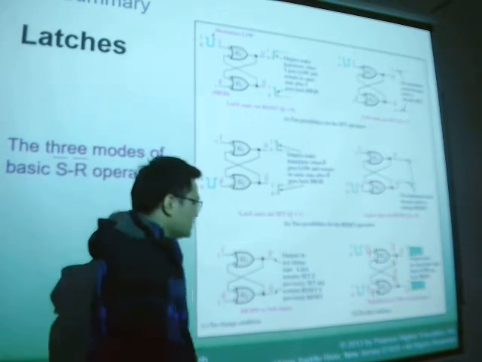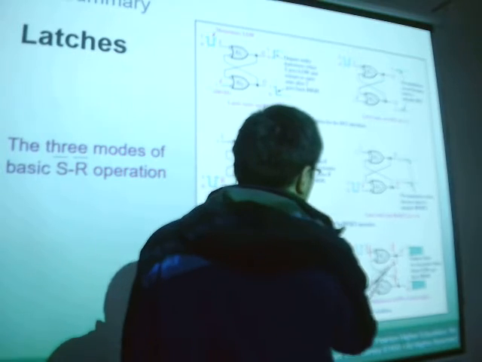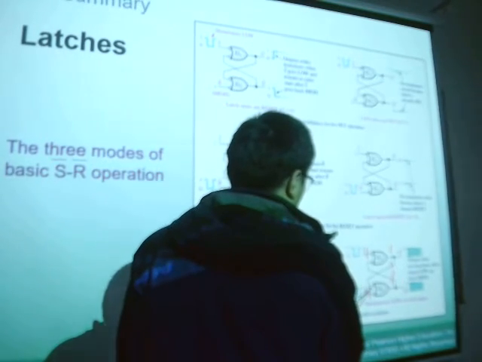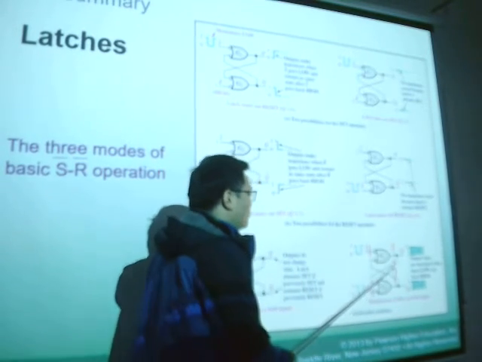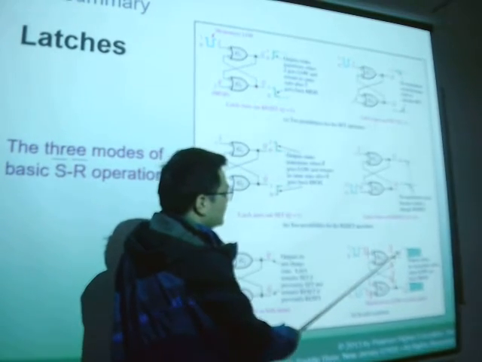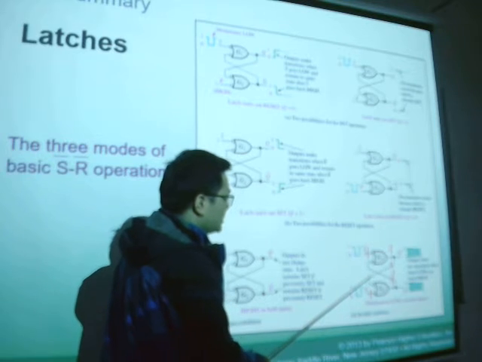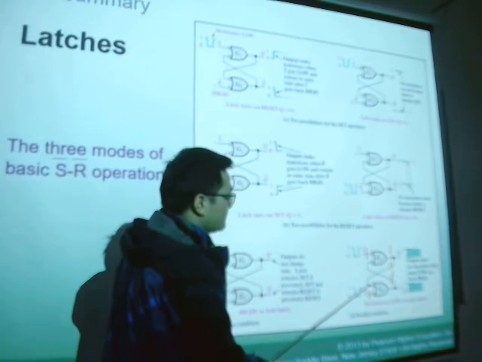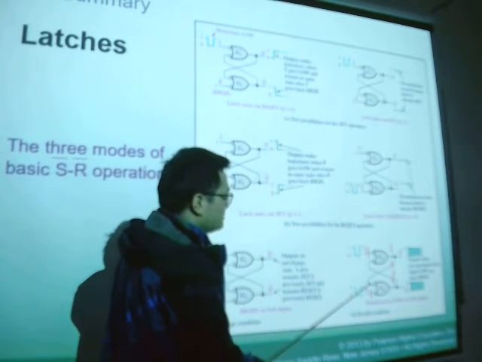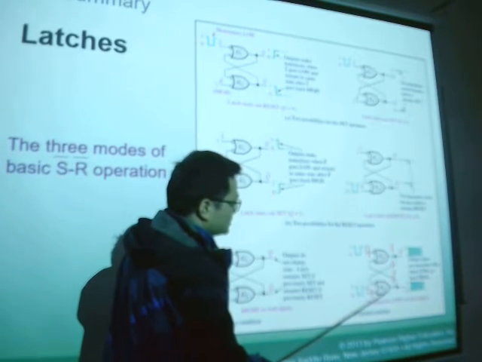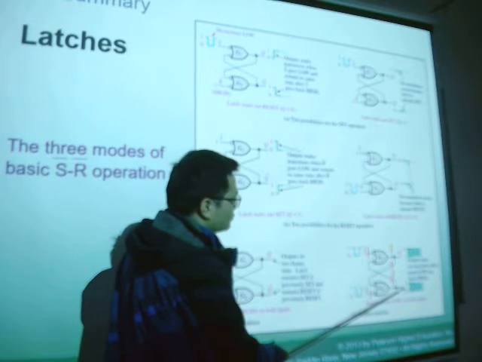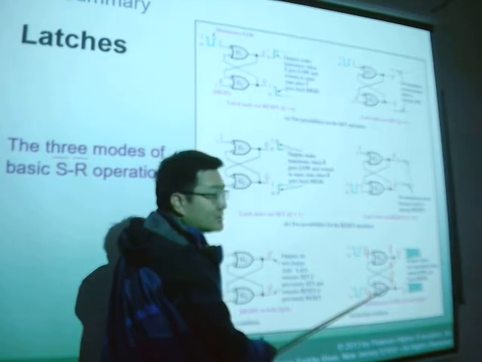If we first suppose that the 1 of Q is transmitted to this input first, then 1, 0 plus 0 equals 0, right?